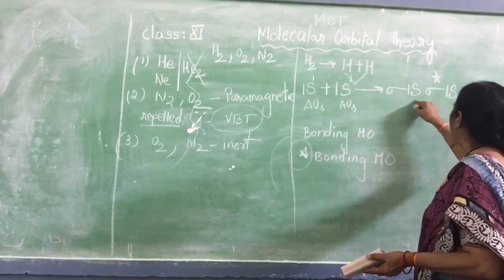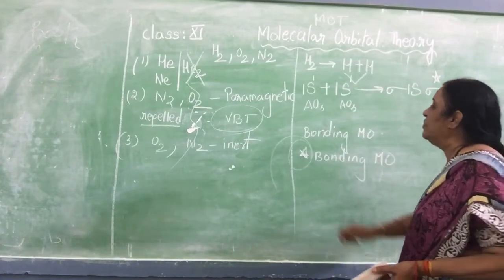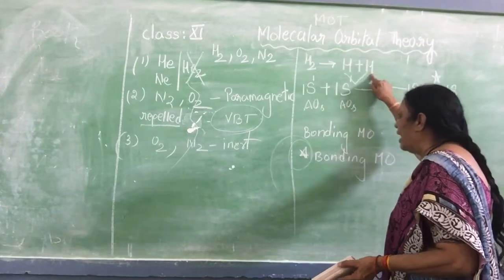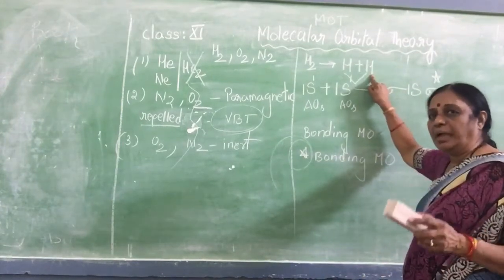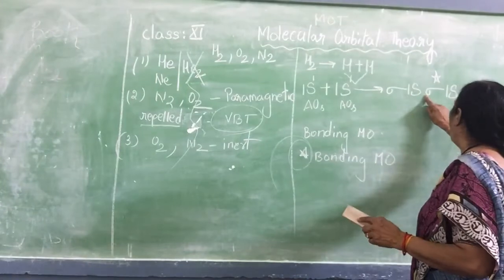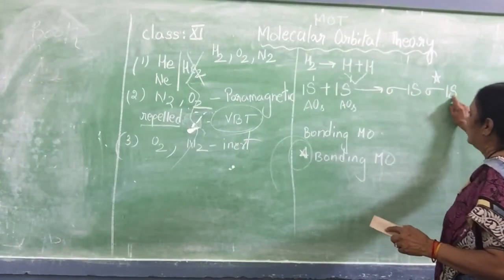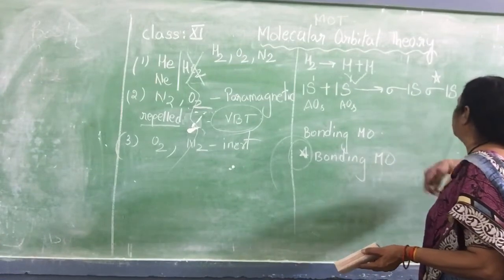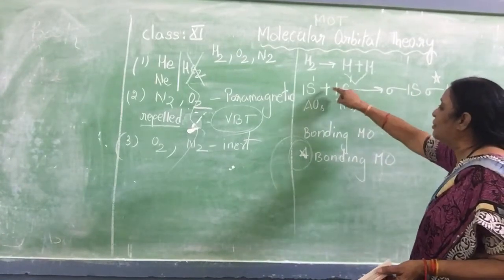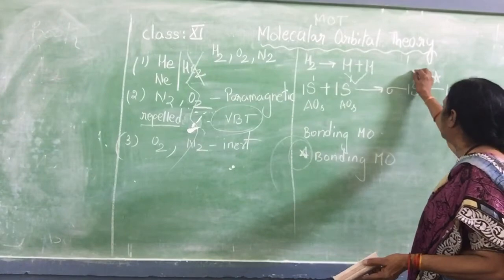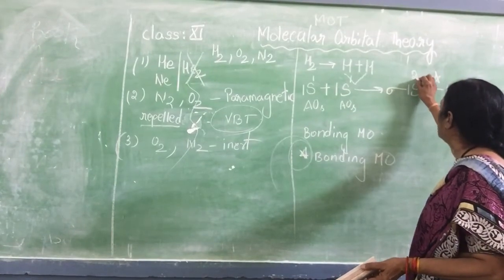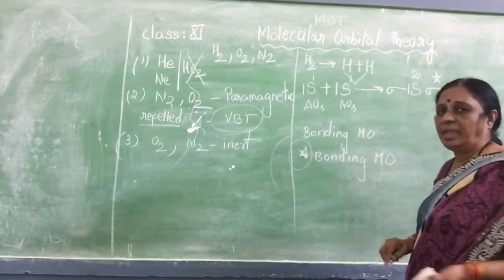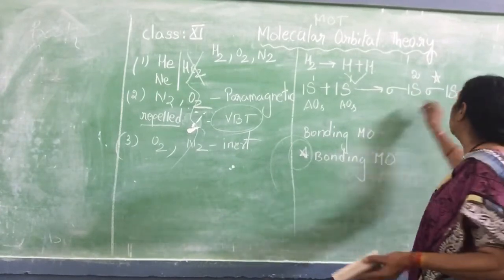One 1s is of one hydrogen atom, one is of another hydrogen atom. They combine together to form two molecular orbitals, sigma 1s and sigma 1s star. Now since there are two electrons, and the capacity of each orbital is 2, the two electrons enter into the bonding and the anti-bonding is empty.